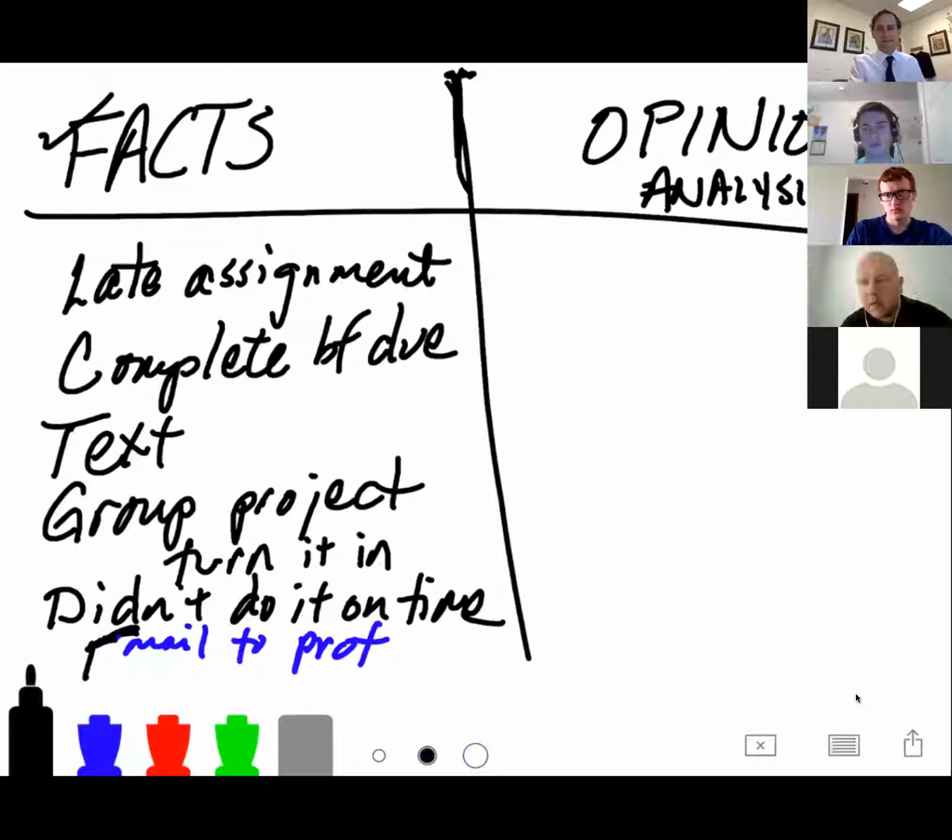Something I find a little odd about this is, especially with group projects, I get nervous about something not being right with it when you're due to turn it in. So I'm really surprised that she planned on turning it in just an hour before. I would have turned it in the night before if it was due at 1 in the afternoon.